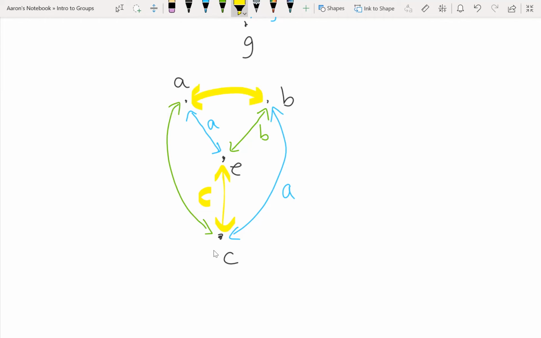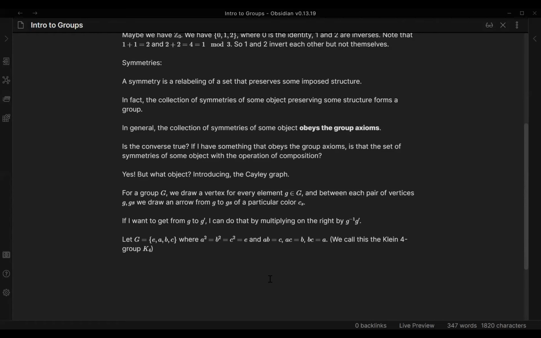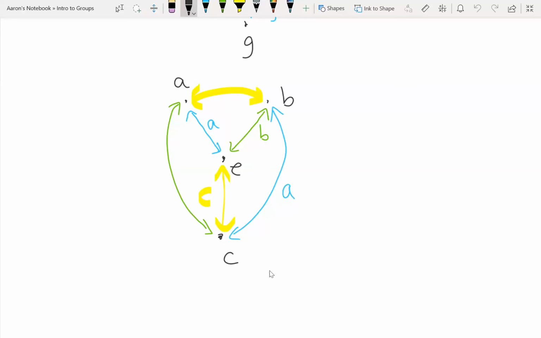So this is the Cayley graph, and this reflects the way that we've defined multiplication here. Right? This is a speak now or forever hold your peace sort of thing, because I know it's weird and abstract, but yeah, that makes sense.